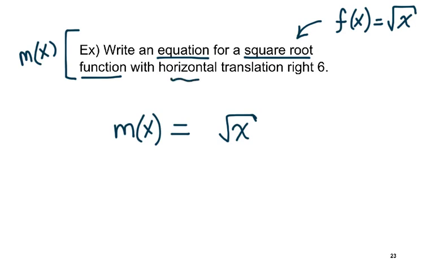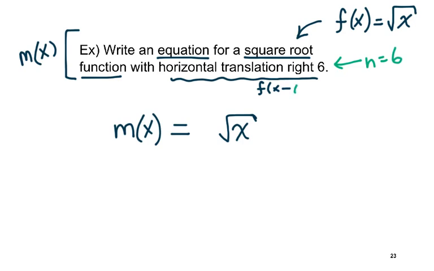And then the next thing it says is do a horizontal translation right 6. Well, we know this is going to be f of x, and to the right means I'm subtracting h. So my h equals 6.